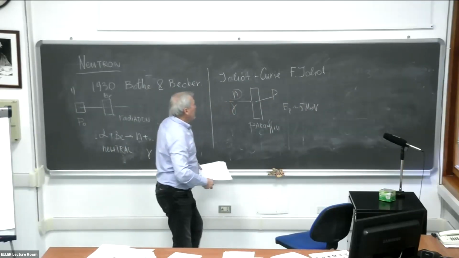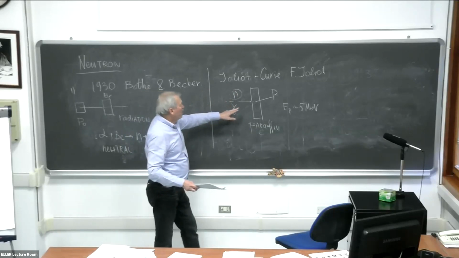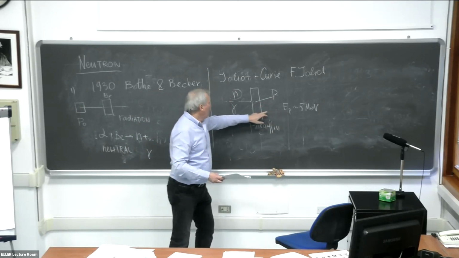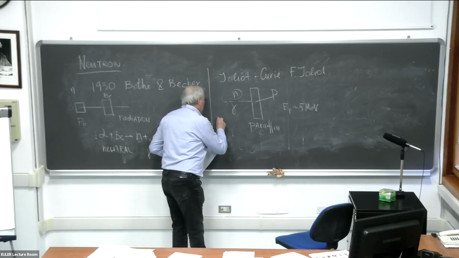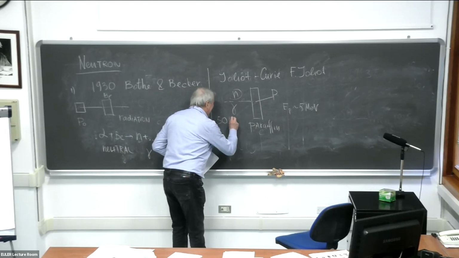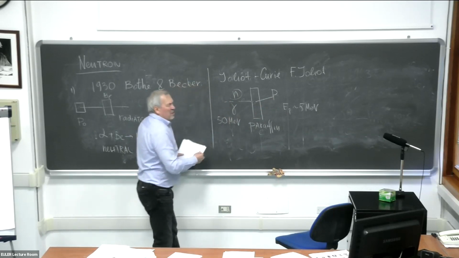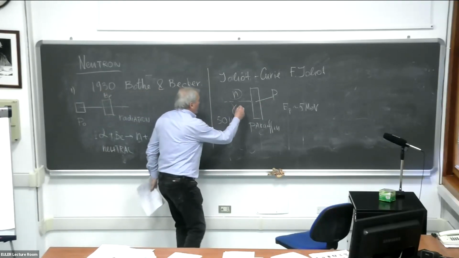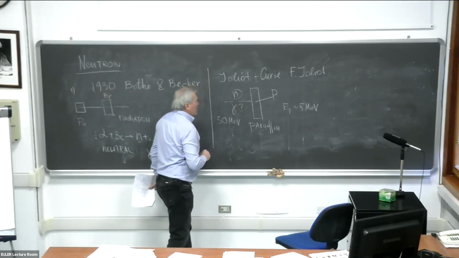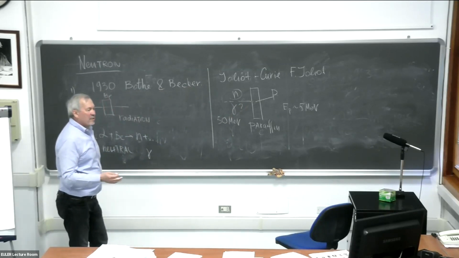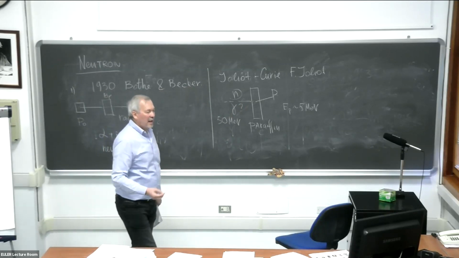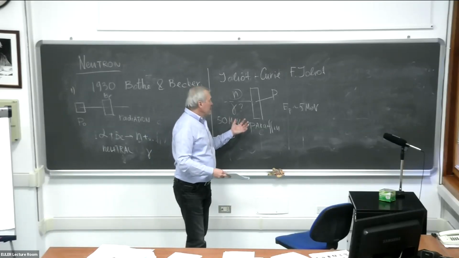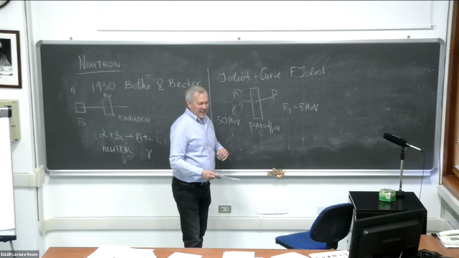Just using simple kinematics, one can test that to produce protons with this kinetic energy, one needs to have a gamma of about 50 MeV, which was certainly not emitted by polonium. So already there was a question mark if it is gamma or not. And the analysis is really simple because the number of known particles was small. You can check first, to discover something new, that already known particles cannot produce the observed effect.